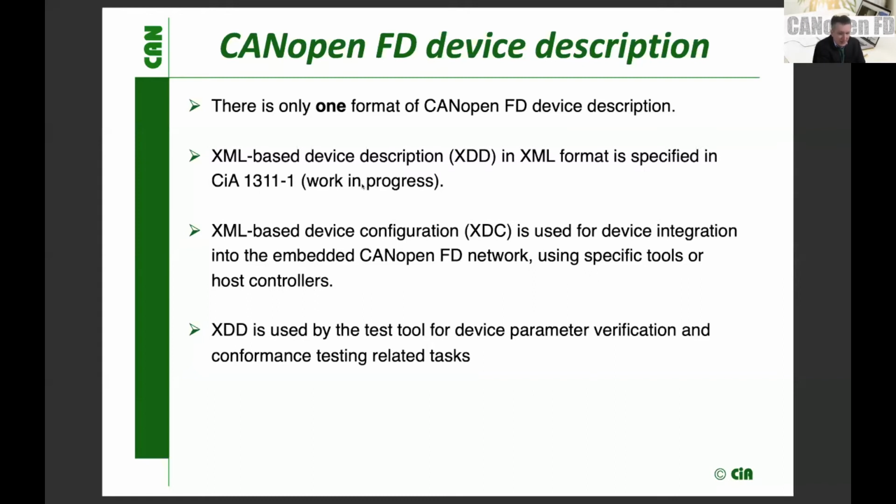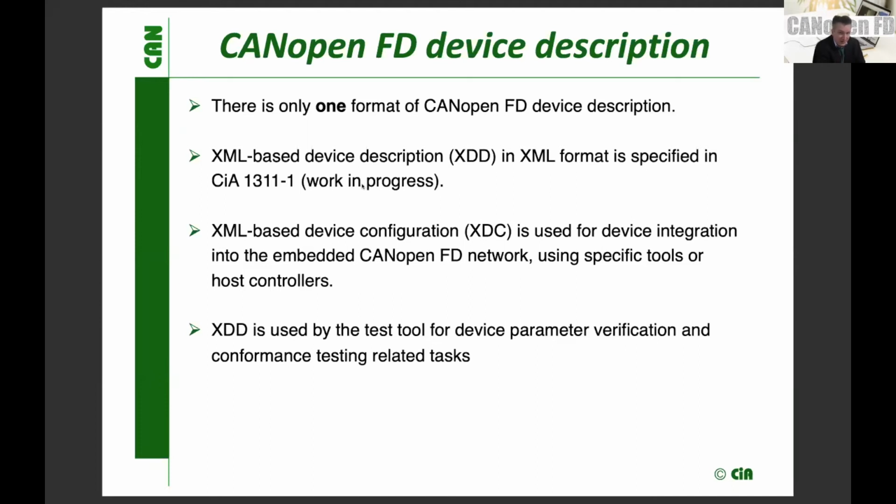We are testing those. We adopted certain XML description elements from the similar device description in CANopen, but because of its complexity, we reduced it to the very necessary functionality. Certain features may come in handy in the future. Maybe we'll introduce or reintroduce them in this CANopen FD specification.